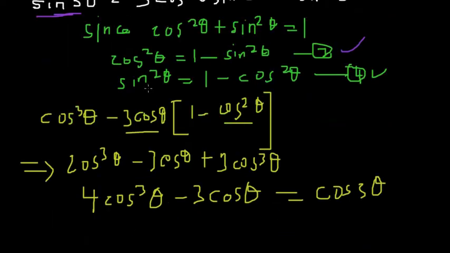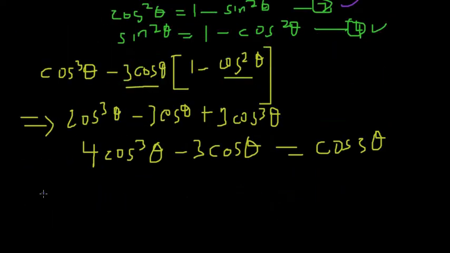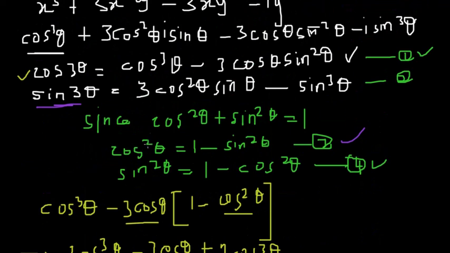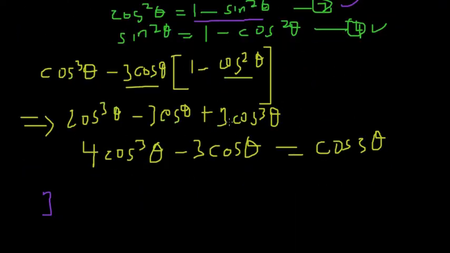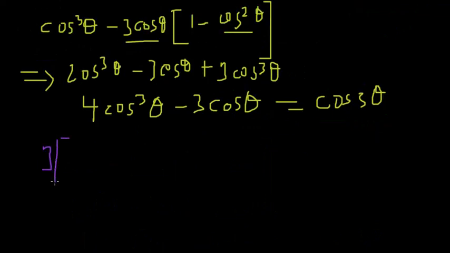So we have 3 cos squared theta, and cos squared theta is 1 minus sine squared theta.